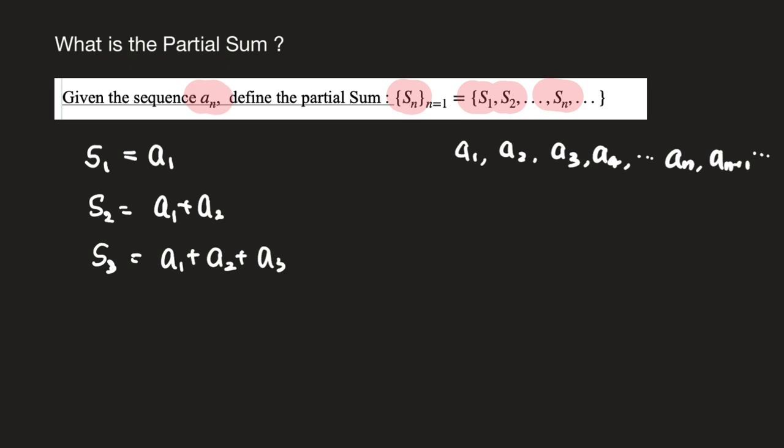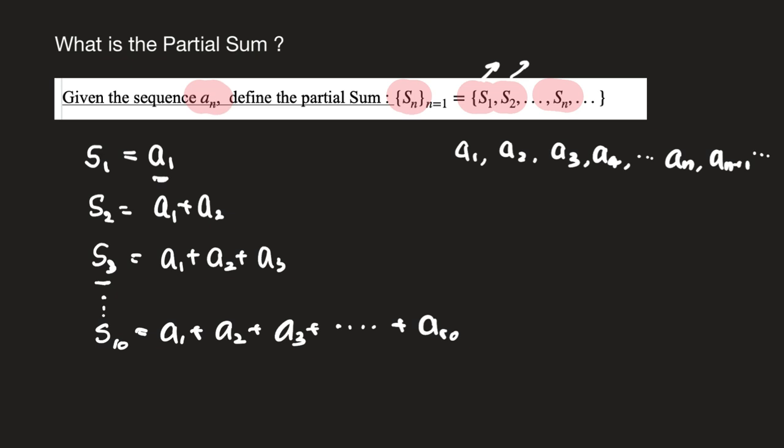The first term is S1, defined as A1. The second term is A1 plus A2. That's how to define S2. S3 is A1 plus A2 plus A3. So you can do S10, A1 plus A2 plus A3, all the way to A10.